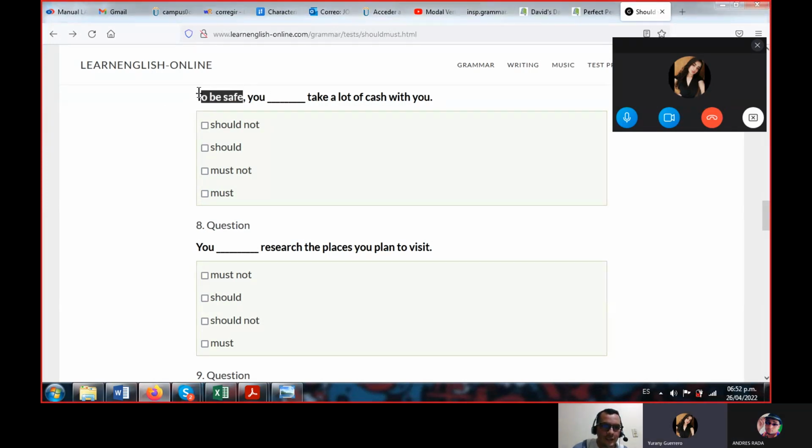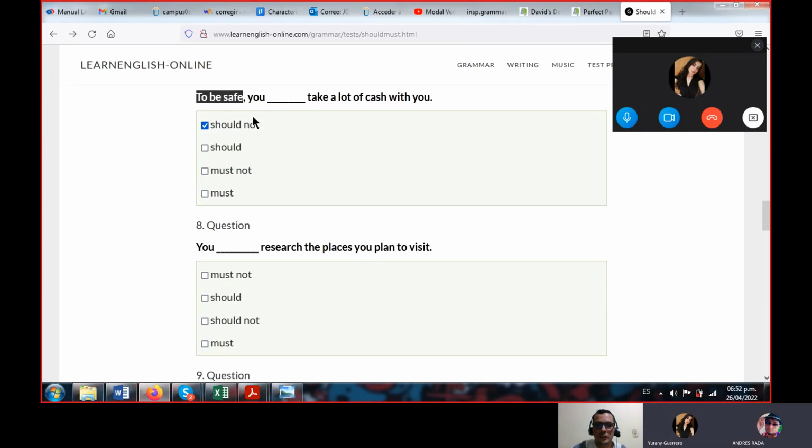Pues yo veo eso como sugerencia, como un consejo, ¿no? But it's positive or negative? Please analyze the context. Negative.